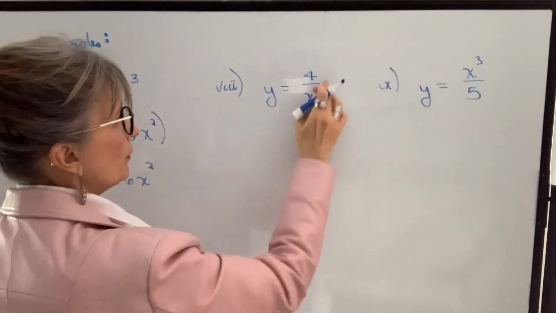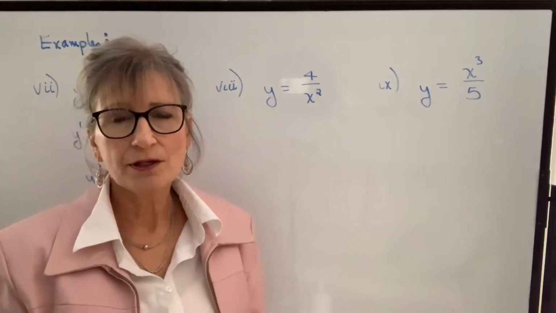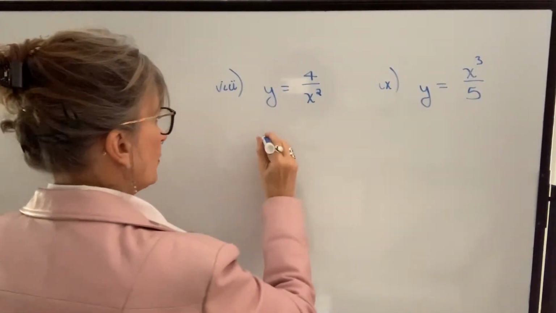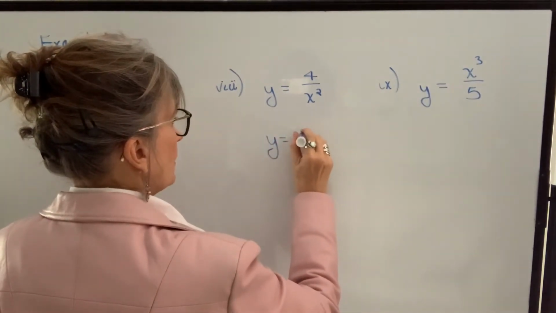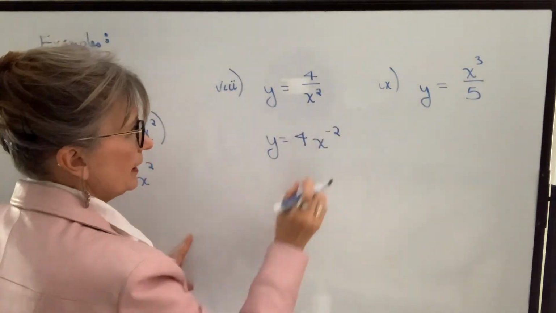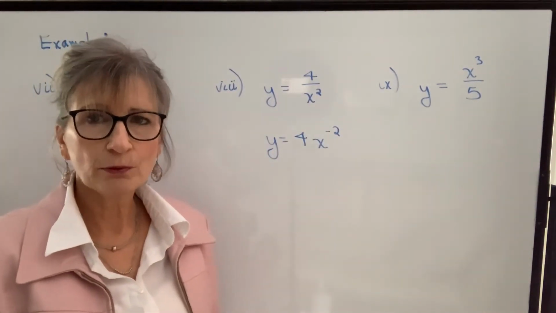In this example, we have 4 over x squared. I don't want to have 4 divided by x squared. I want 4 times my function of x, or my x to the n. So I'm going to rewrite this as 4 times x to the power of negative 2. So when I take it out of the denominator, the exponent becomes negative. Now I can apply my rule.